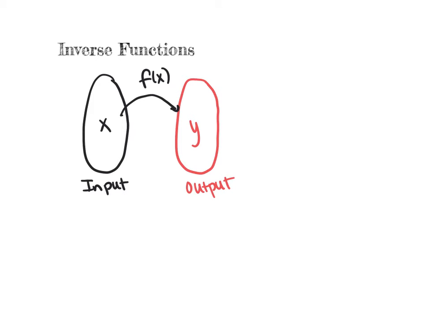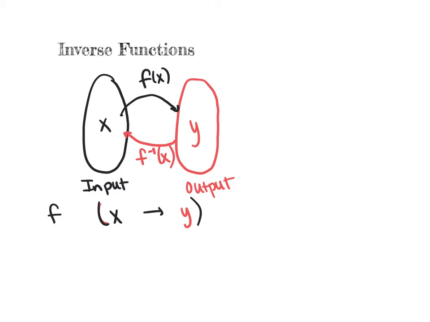Well, when we talk about the inverse function, what we're talking about now is that we reverse the mapping back this way. And so we call it f inverse. This little minus one means inverse. F inverse of x means that the output and the input are going to switch. So literally here x gets mapped to y, and that is what we call f of x.